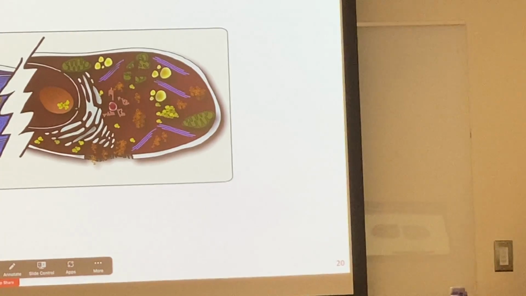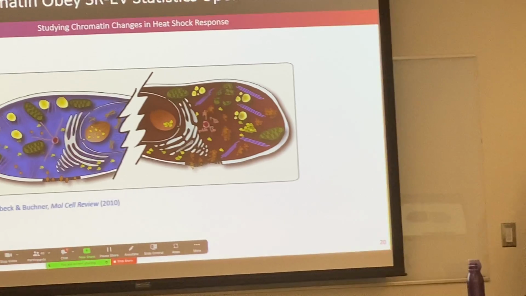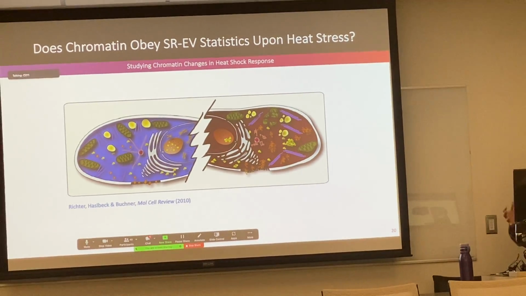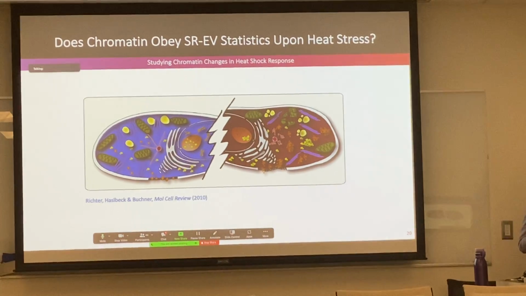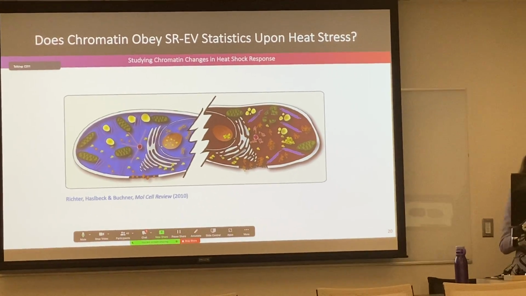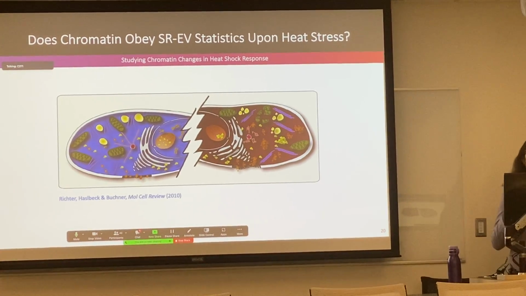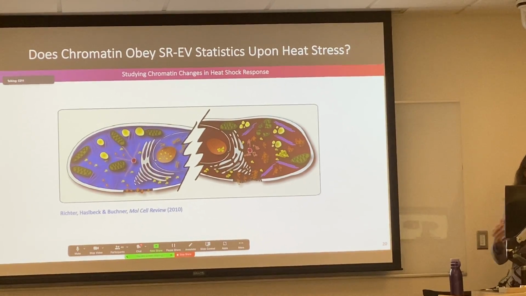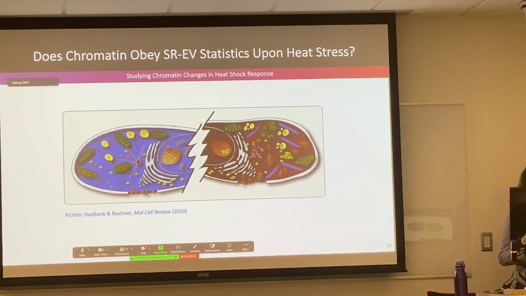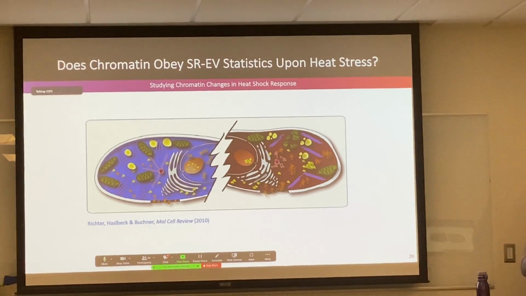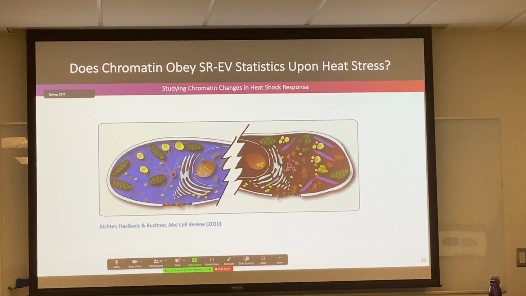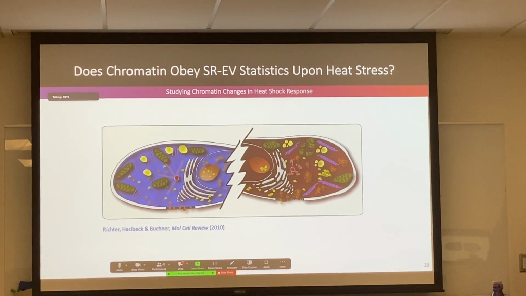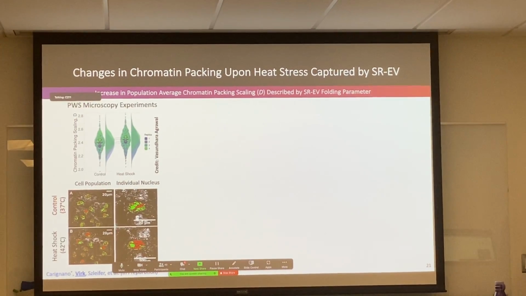And next, we wanted to investigate if the statistical chromatin structure represented by the self-returning excluded volume is still maintained upon different conditions. So we exposed cells to heat stress to induce a heat shock response in order to see if exogenous stressors caused rearrangements in statistical chromatin structure and if SREV statistics continued to be able to accurately describe the chromatin system.